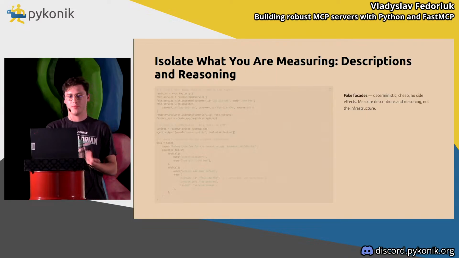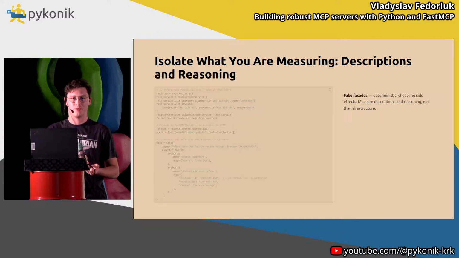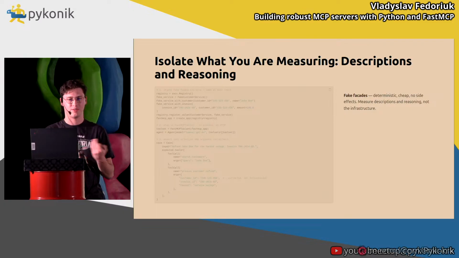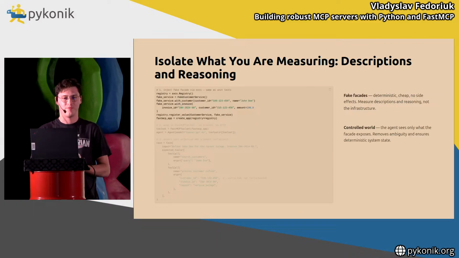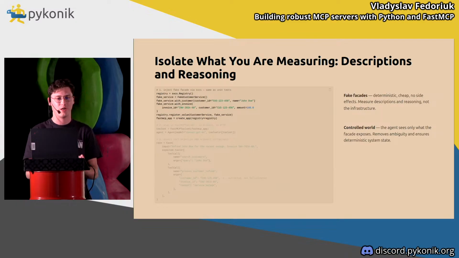And basically, to run those evals, you can isolate what you are measuring. You do not need to depend on external systems. For example, as we saw with this pattern with services registry, container dependency and dependency injection, you can define some fake services and inject them in the same way you would do in tests.